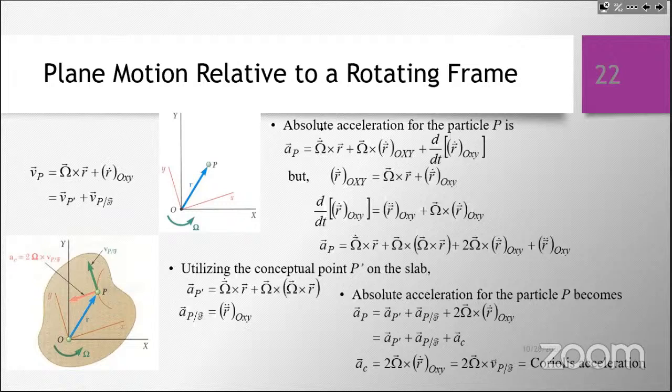So that's the equation. If we have a rotating frame, this is the equation that we want to use. In general, we can always use this equation. If we don't have a rotating frame, what happens? Well, this just goes away. The Coriolis term goes away, and this r double dot goes away.